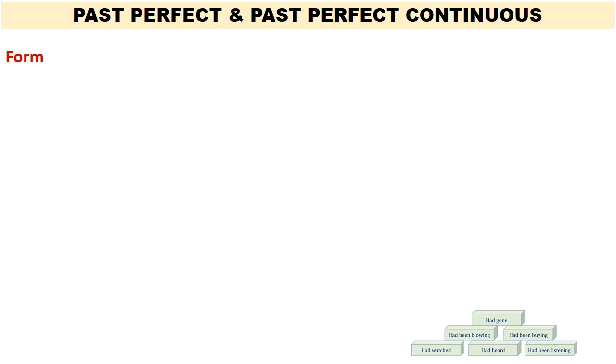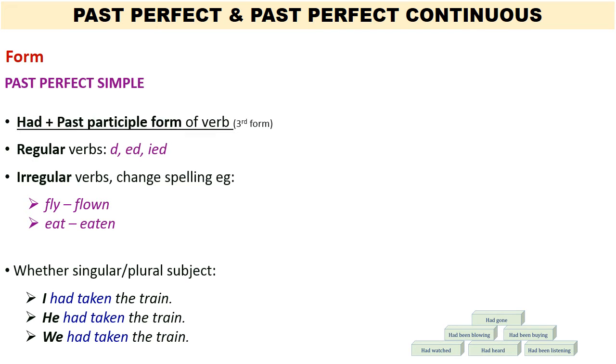We'll take a look at the form of both the tenses. We begin with the past perfect simple tense. To form the past perfect simple tense, we use the verb had plus the past participle form of your main verb. Now this is also called the third form of a verb.